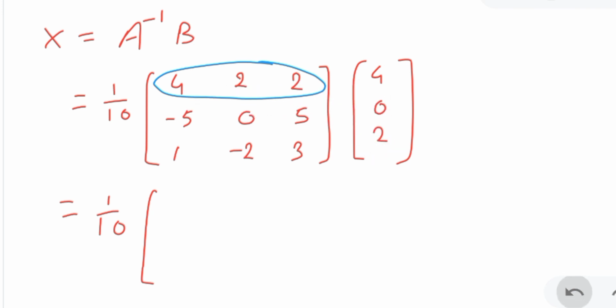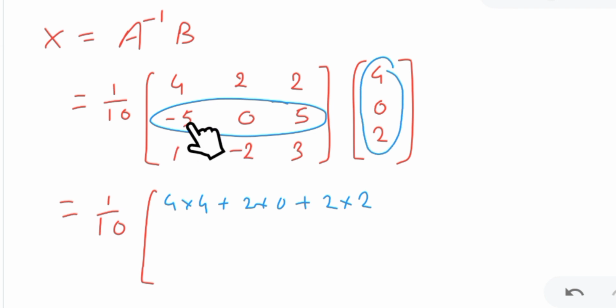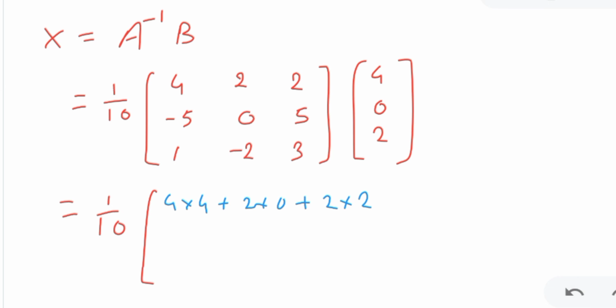Then the second row with this column, so minus 5 into 4 plus 0 into 0 plus 5 into 2.